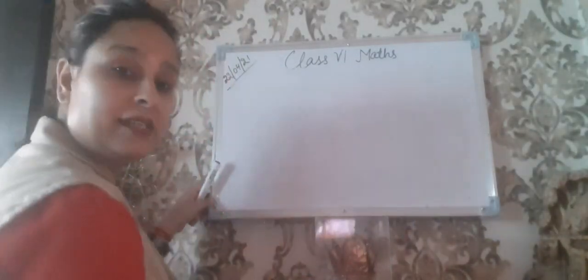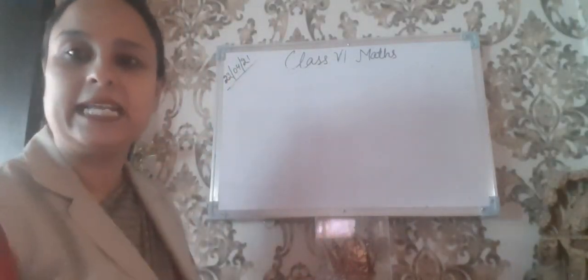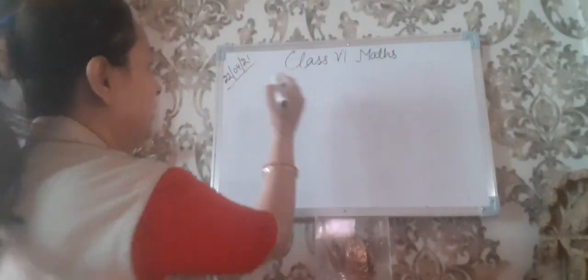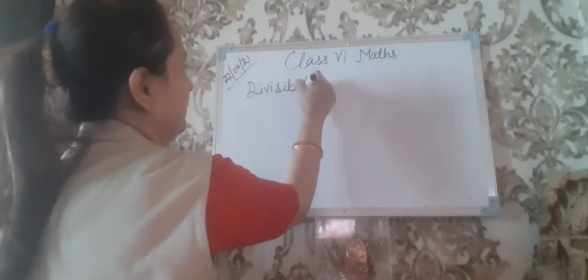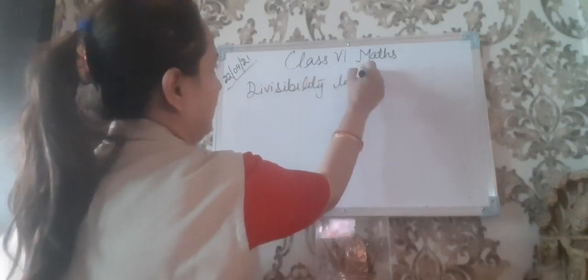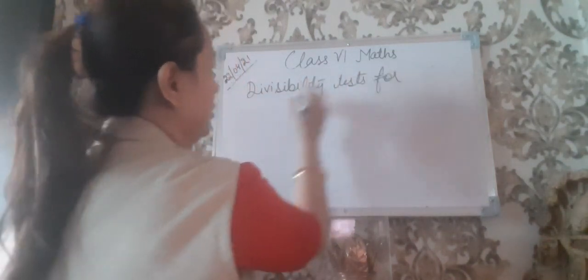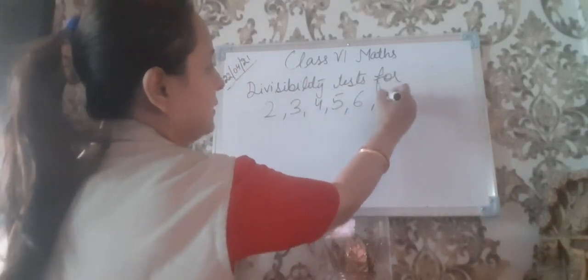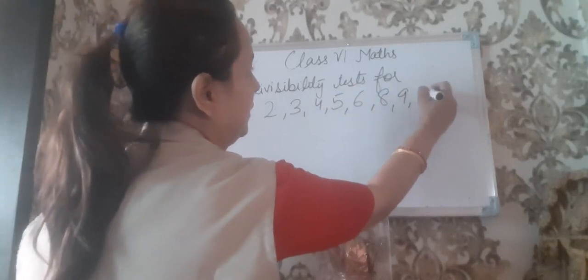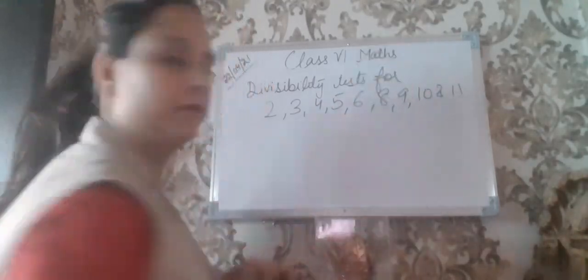Just for your reference, I am telling you what all divisibility tests we have written in total. We have written the divisibility tests for 2, 3, 4, 5, 6, 8, 9, 10 and 11.